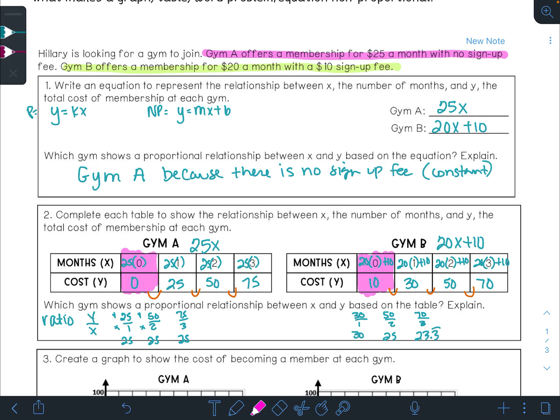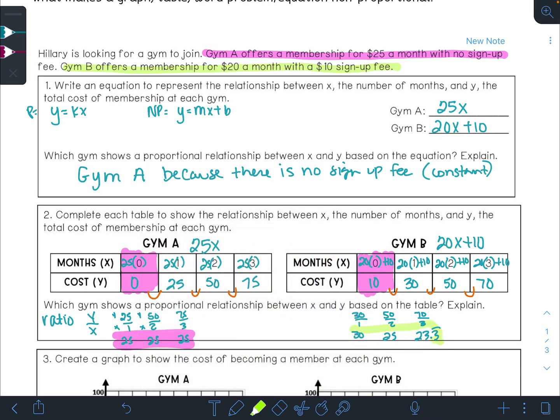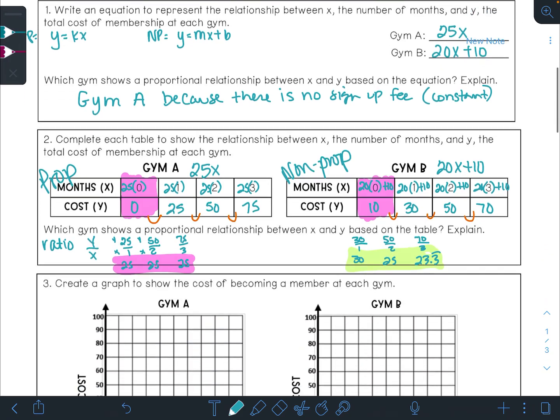So notice that with this one, I have a constant ratio, whereas this one, I do not have a constant ratio of y to x. So this would be my proportional one, and this would be my non-proportional one. For something to be proportional, it has to have a constant ratio of y to x, and you can check that by doing y divided by x.